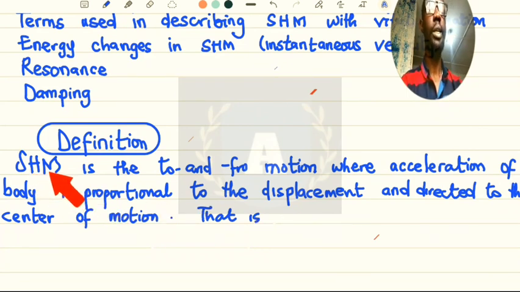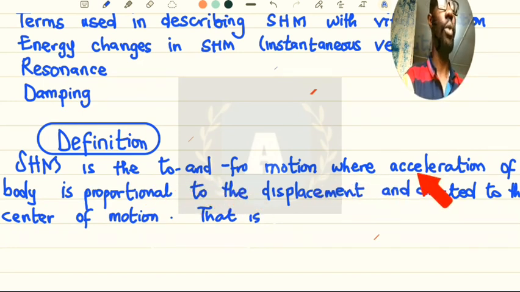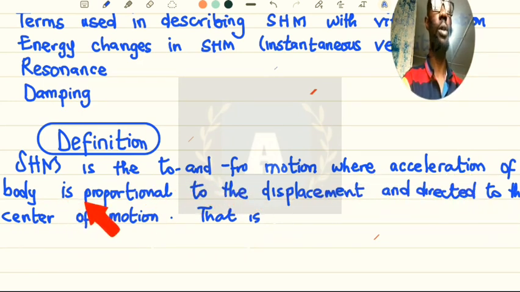We said simple harmonic motion is the to and fro motion where acceleration of a body is proportional to displacement and directed toward the center of motion.